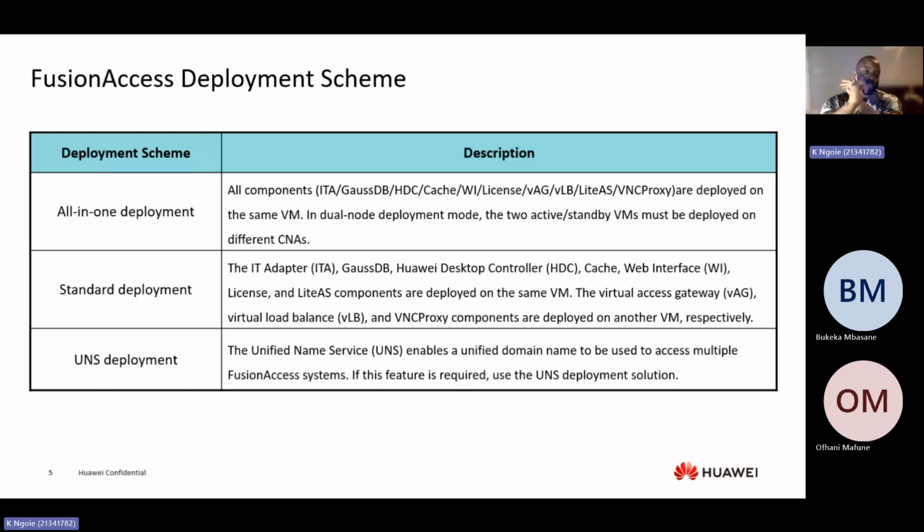This model will support medium to large enterprises that require higher reliability or more users. We have a distributed deployment of FusionCompute, Fusion Manager, and FusionAccess. This is suitable for production environments with hundreds or thousands of users.